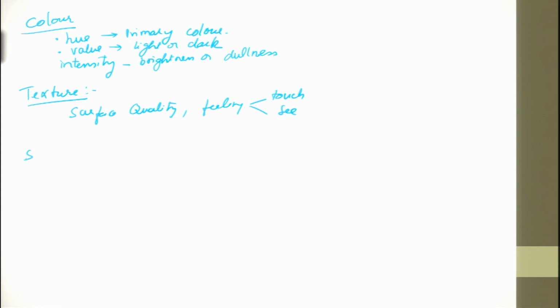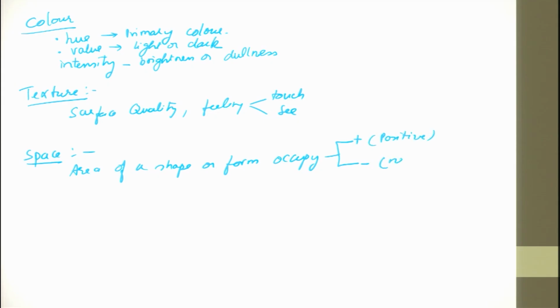So, the final thing is going to be space, which talks about the area of a shape or form, which can occupy positive and negative space. The shape can be positive, or it can be negative.